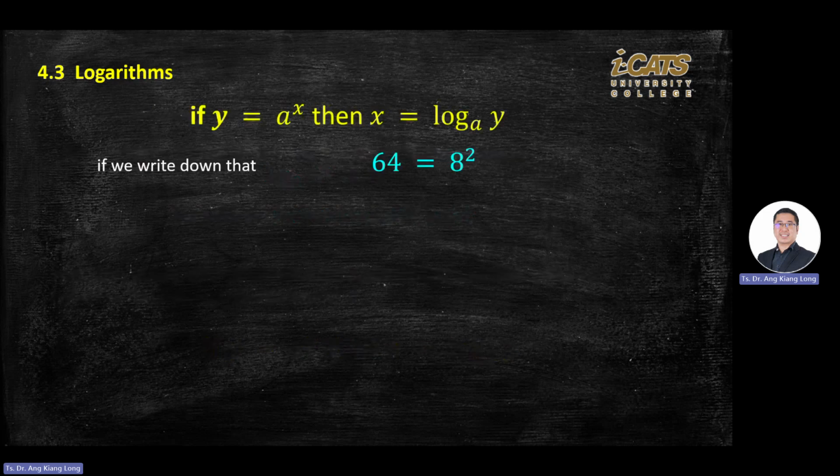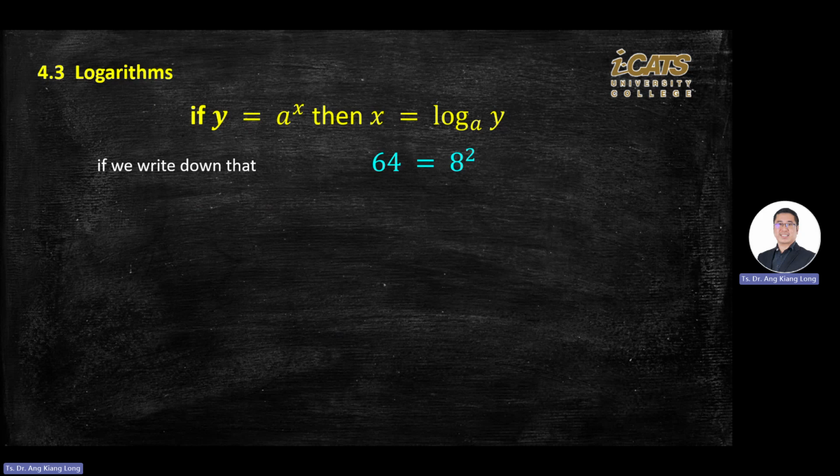So this is just some application. If y equal to a power x, you can write x equal to log base a of y. Applications of this will be in aerodynamics, in your wind tunnel experiment, some flight dynamics, control theory, and all this.